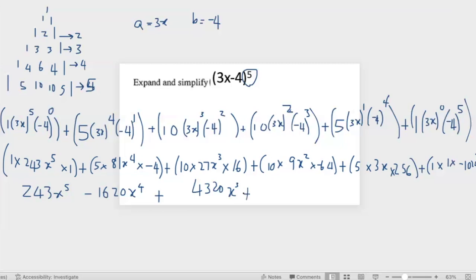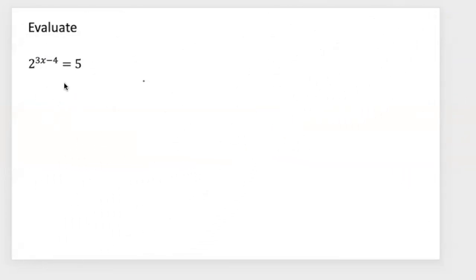Then we have 10 times 9 times 64, and the sign is minus. So that means I am going to have negative 5,760 x squared. Then we have 5 times 3 times 256. That is 3,840 x. And then multiplying this to give you minus 1,024. That's it.